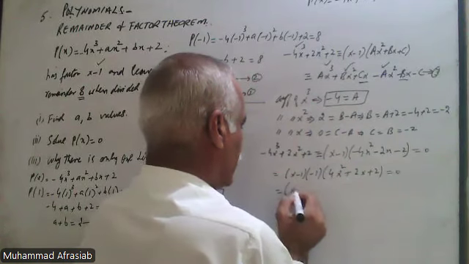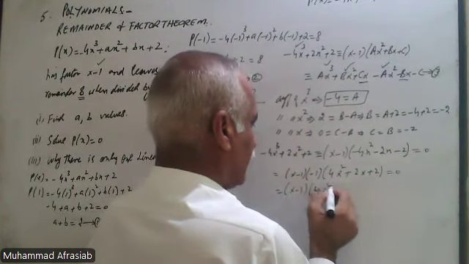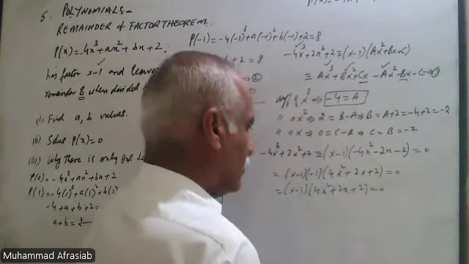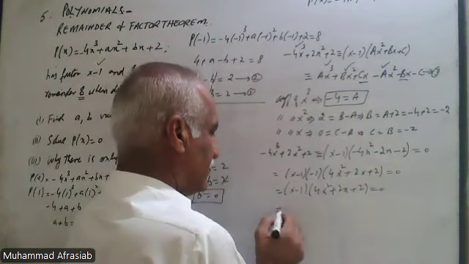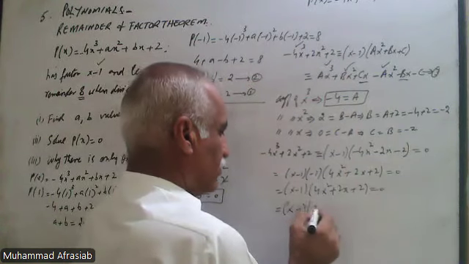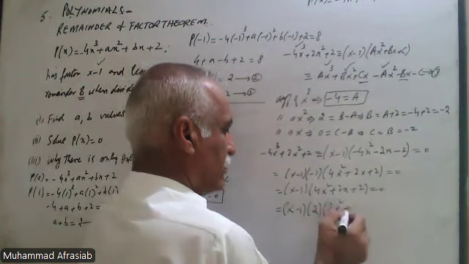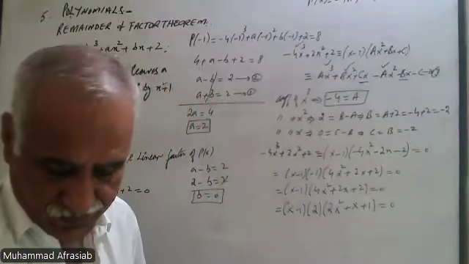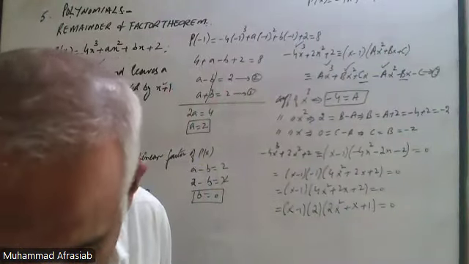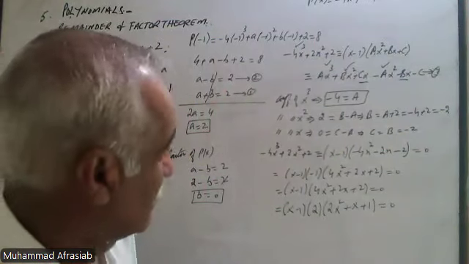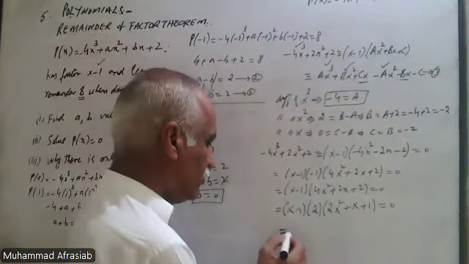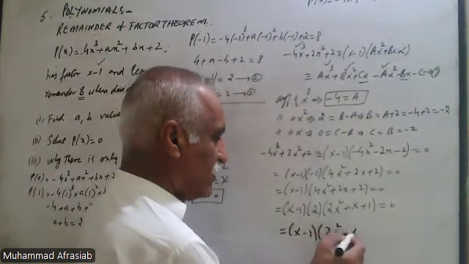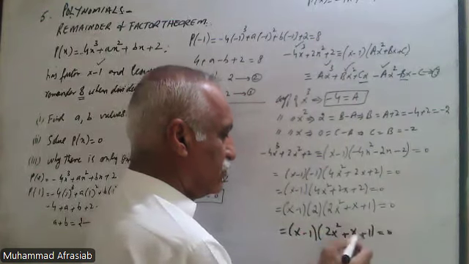This is x minus 1 into 4x square plus 2x plus 2 equal to 0. If we take 2 as common, we get x minus 1 times 2 into 2x square plus x plus 1 equal to 0.